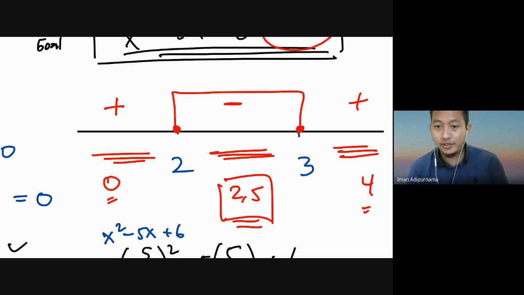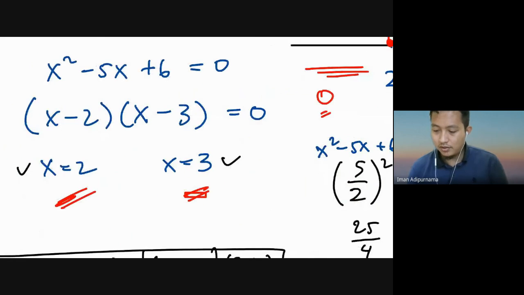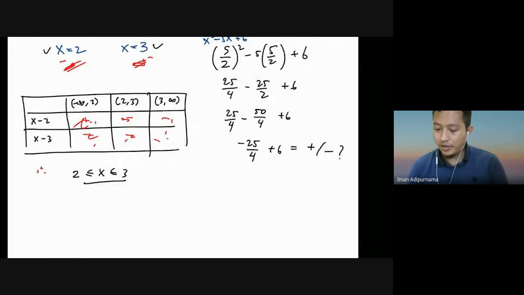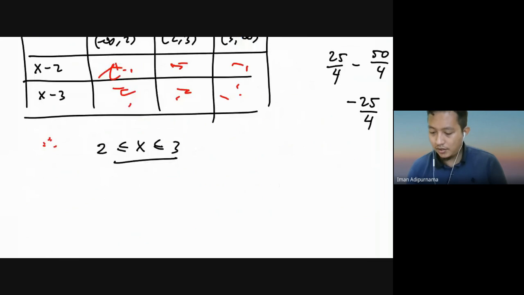If you put in 2 and 3, what will it be? It equals 0, right? We already did that here. So x equals 2 and 3 are the ones that make it 0. That's why the answer for this one is this.